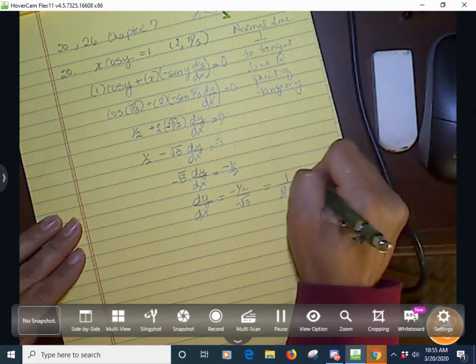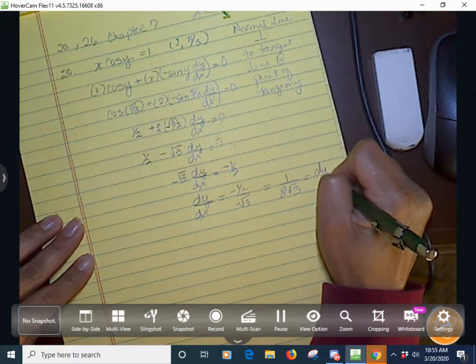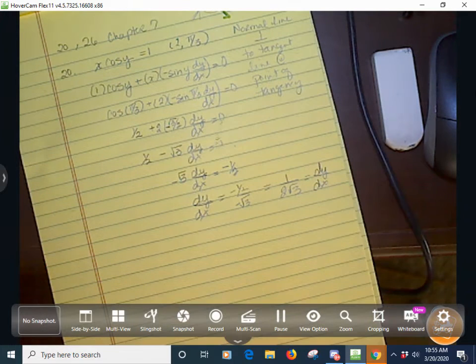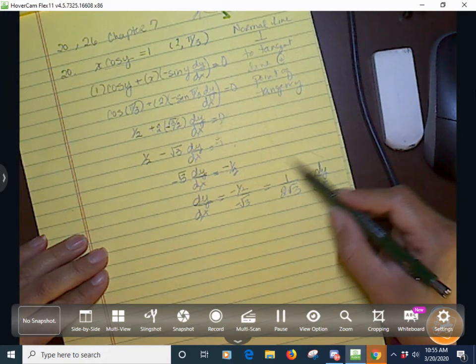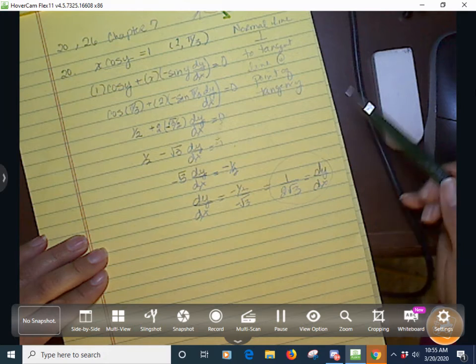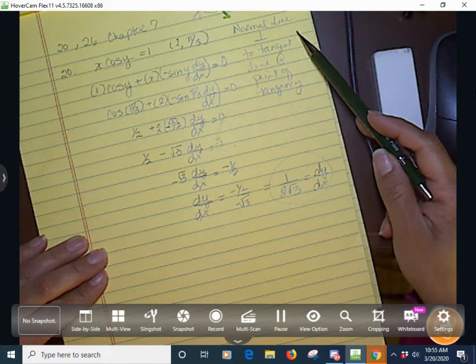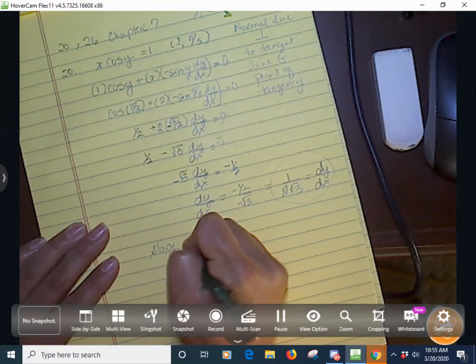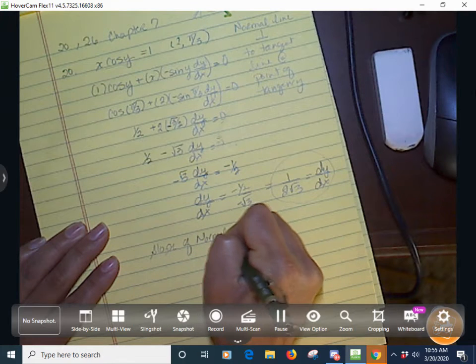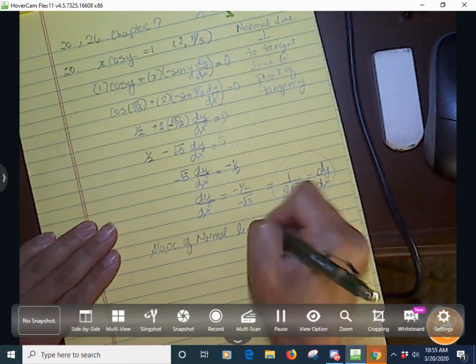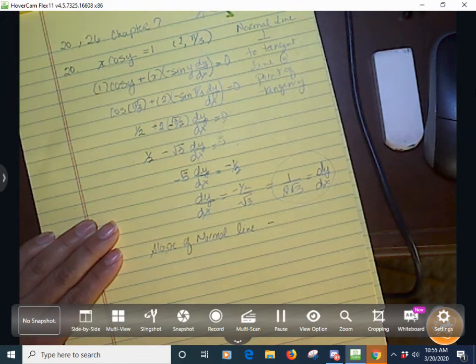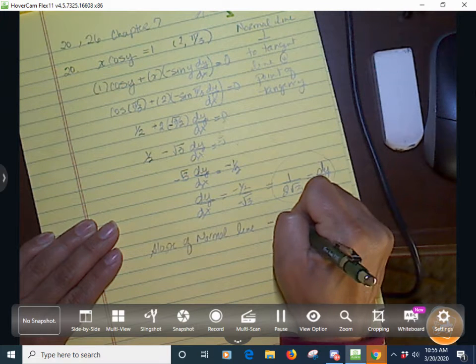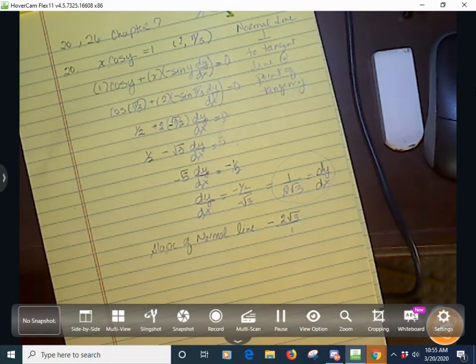Okay, and so that is what your dy dx is equal to. This is the slope of the tangent line, but it's not the slope of the normal line. The slope of the normal line is the opposite sign and then reciprocal, negative 2 square root of 3 over 1. That's the slope of your normal line.